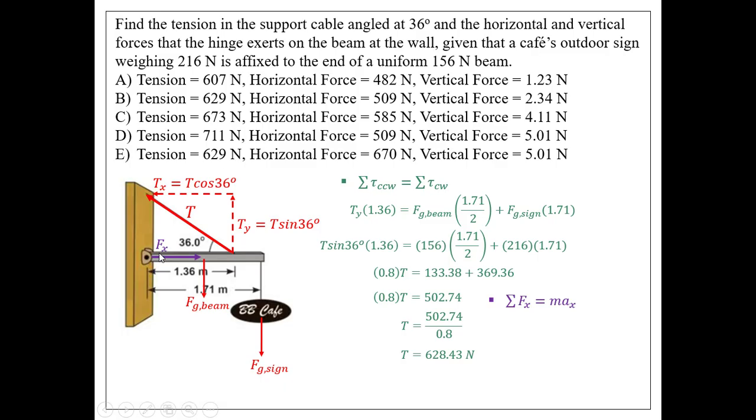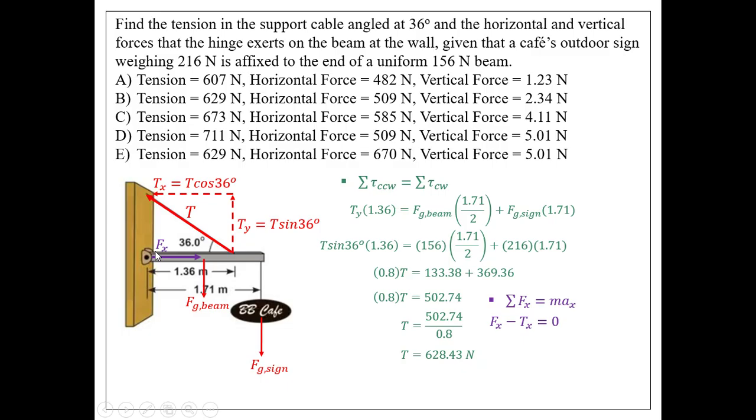So I'm just going to call this Fx from wall, whatever you want to call it. So here, the net force in the X direction is equal to max according to Newton's second law. But if you look at the diagram, you have Fx pointing to the right, which is needed. Otherwise, you would only have one force pointing left, which would imply that the beam is going to accelerate leftward, which it's not doing, which would be kind of weird.